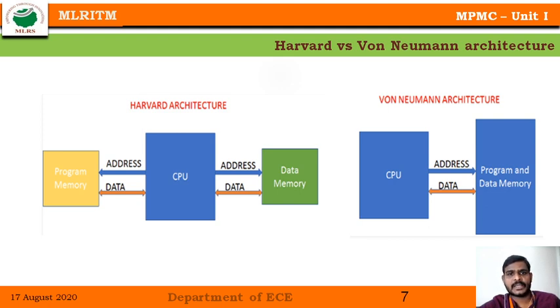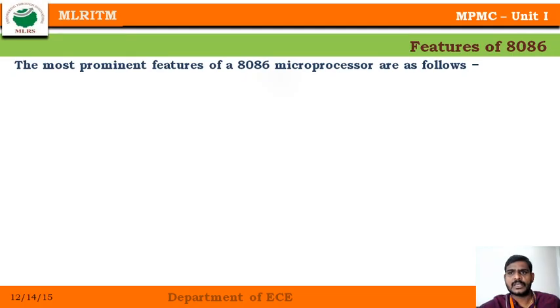In Harvard architecture, it is not so; it requires two separate, individual buses for the data memory and the program memory. The design of Von Neumann architecture is a little simpler because only one bus is required, whereas Harvard architecture is a little more complex because of the two separate buses.